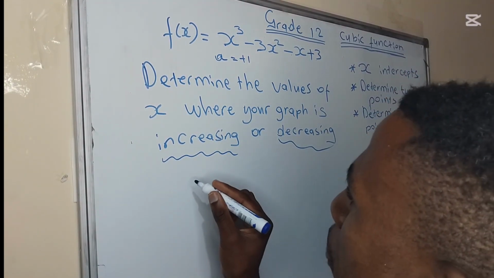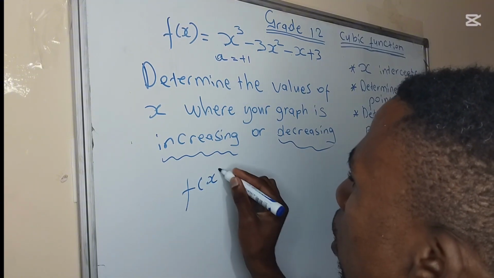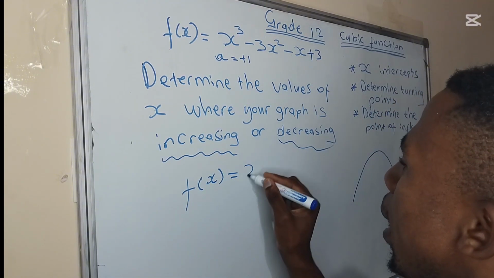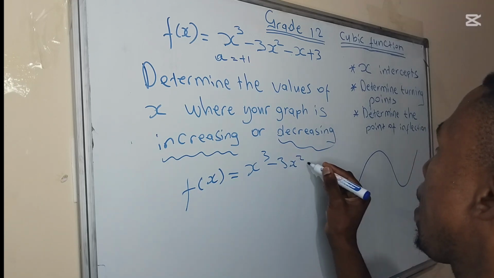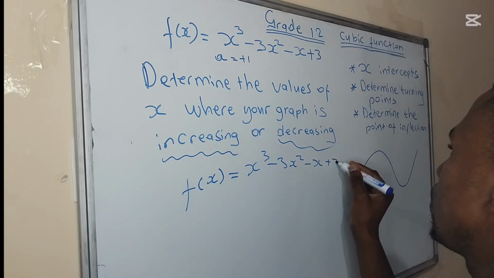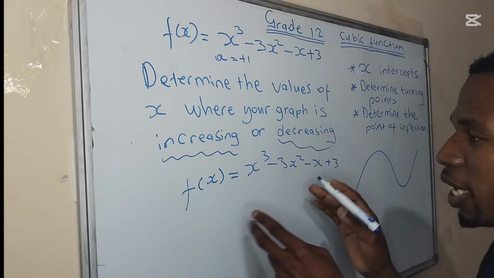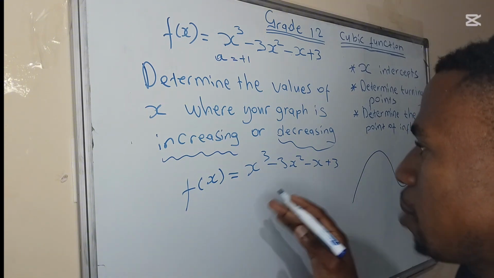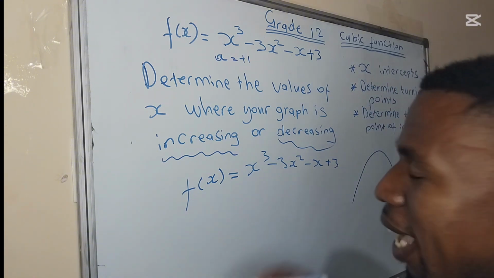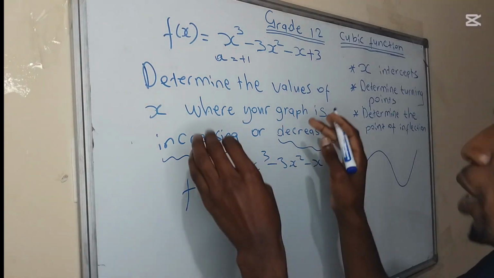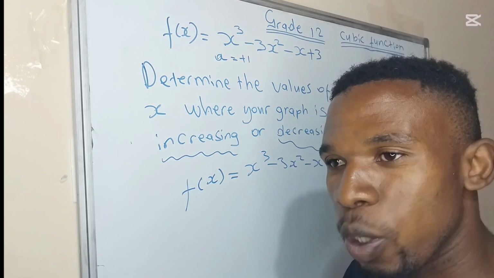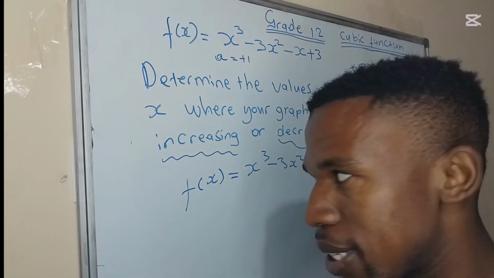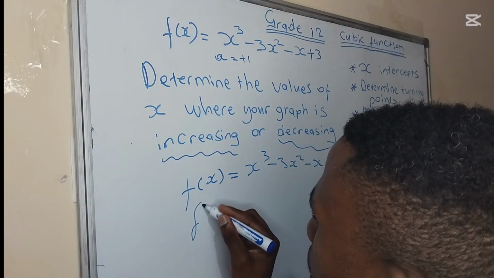We have our f of x, which is equal to x cubed minus 3x squared minus x plus 3. Let's find our first prime, then equate our first prime to 0 so that we can find the x coordinates of the turning points. In order for you to answer this question correctly, you just need to use the x coordinates of the turning points.